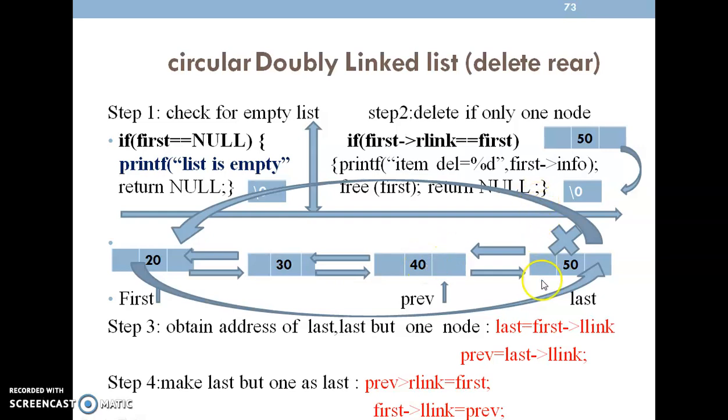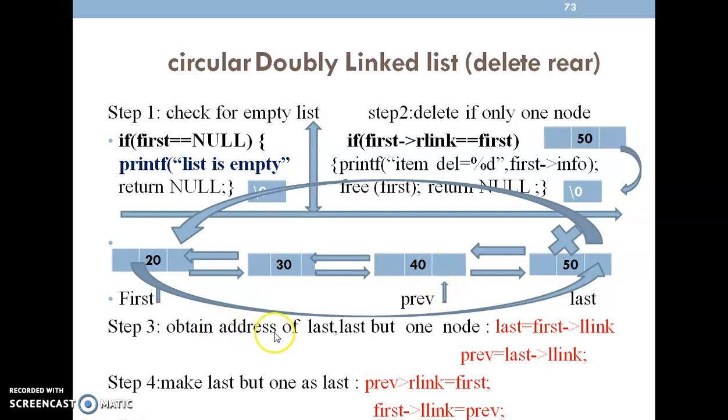So we have to change these two links. Earlier the last pointer right link contained the address of first, and first pointer left link contained the address of last. But now after deleting this, previous pointer right link contains the address of first, and first pointer left link contains the address of previous. Only then this becomes complete.